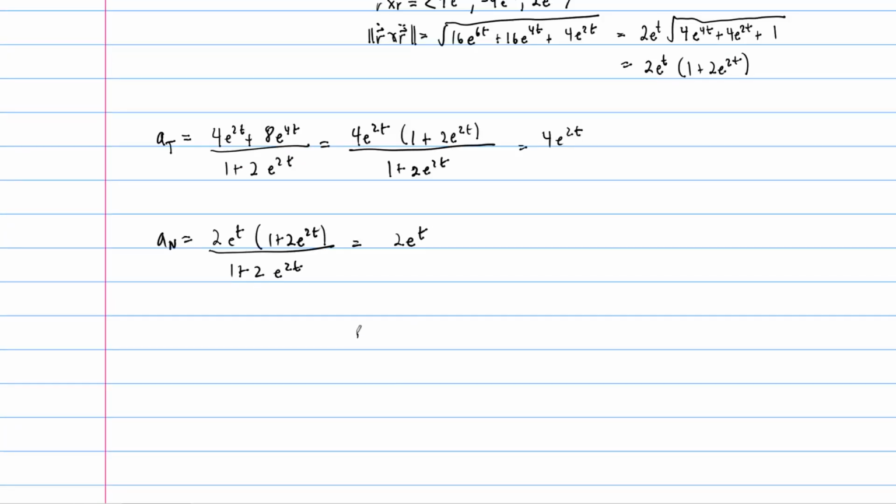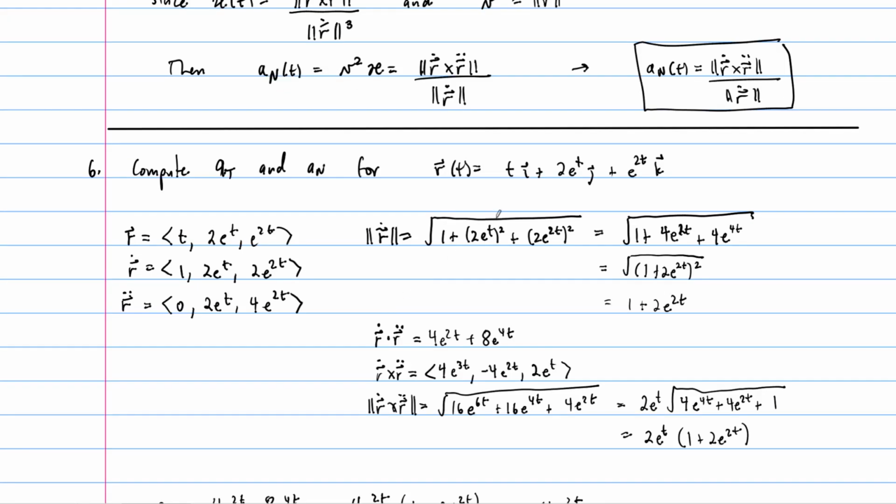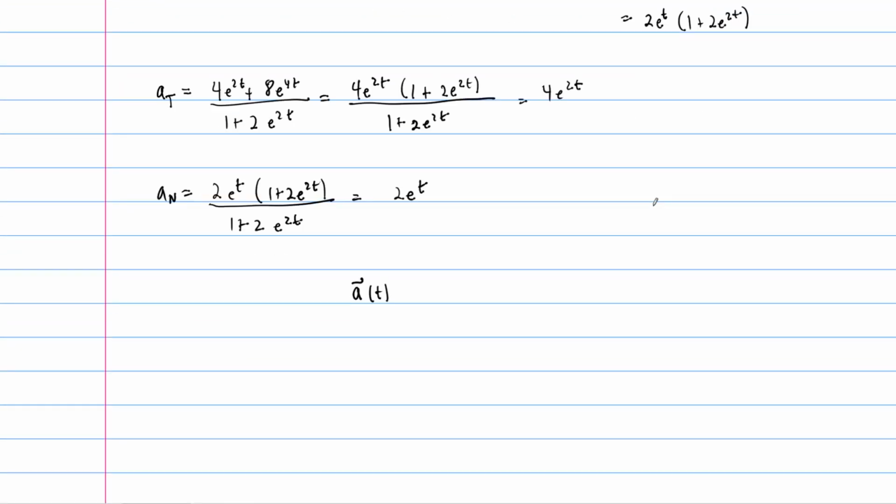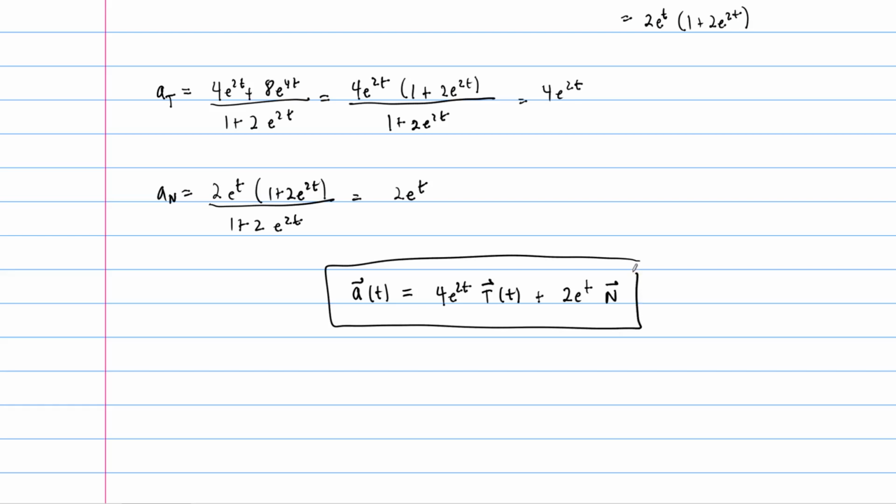And so altogether, our acceleration for this vector function, so the vector function t, 2e to the t, and e to the 2t, this acceleration is going to be given by 4e to the 2t times the unit tangent vector, right? Which we didn't compute, but we were just asked to find these components for it. So I'm just putting it all together here, and then plus 2e to the t times the normal component. So there's our acceleration of this vector function.